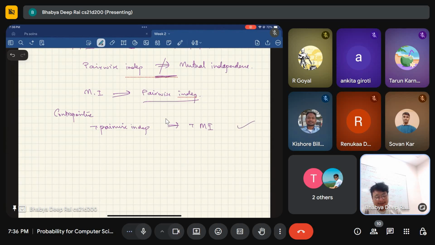And this is true because if you have A and B and they are not pairwise independent, meaning A depends on B or B depends on A, then it is not mutually independent either. If you take events A, C, D happening, then since A is in the set of events happening, it will affect B also.